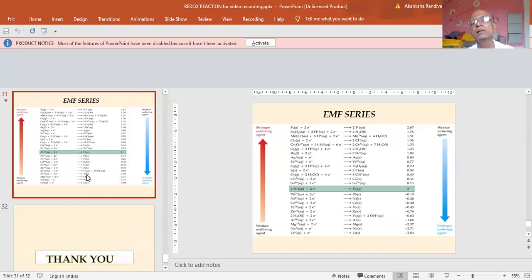Here a series of different elements is given according to their standard electrode potentials. This series is known as the EMF series or electromotive force series, or it is also called the electrochemical series.